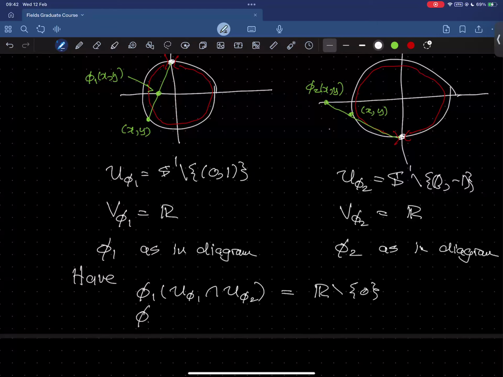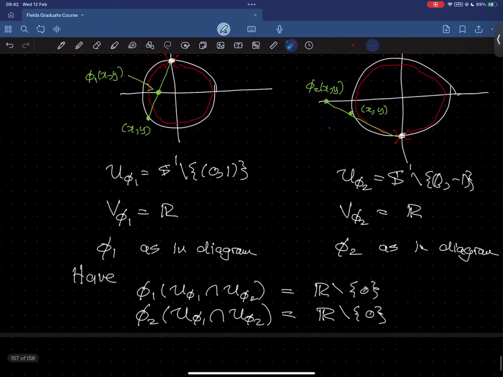And similarly, phi 2 of U phi 1 intersect U phi 2 is R take away 0. Over here, I'm omitting this point, and if I take the image of that under the chart map, I draw a line from here through that point, and it intersects the x-axis at 0. So that's the 0 that I'm removing there. Does that make sense after I fix that up?